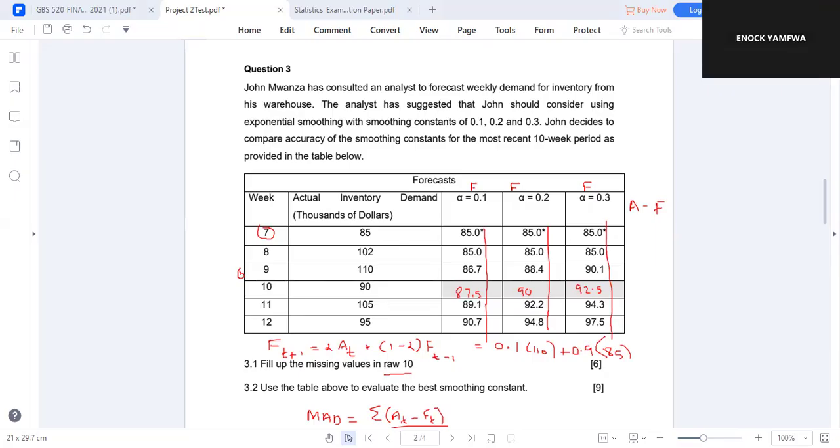We got 17, 23.3, and 2.5, and 15.9, and finally 4.3.